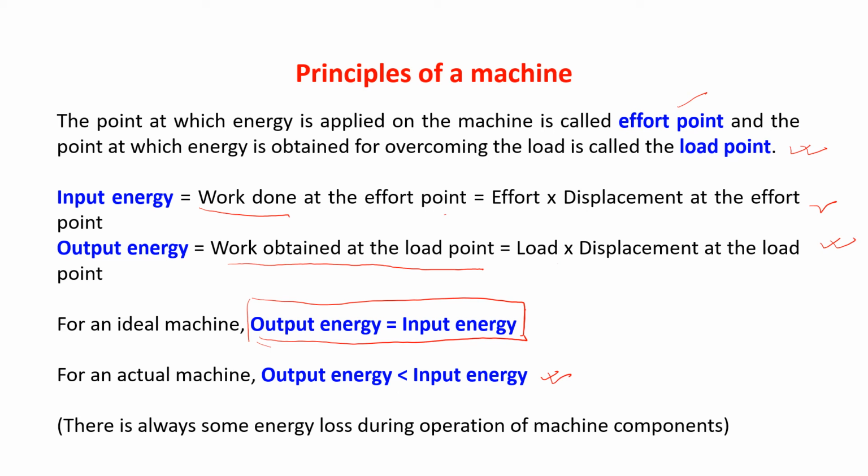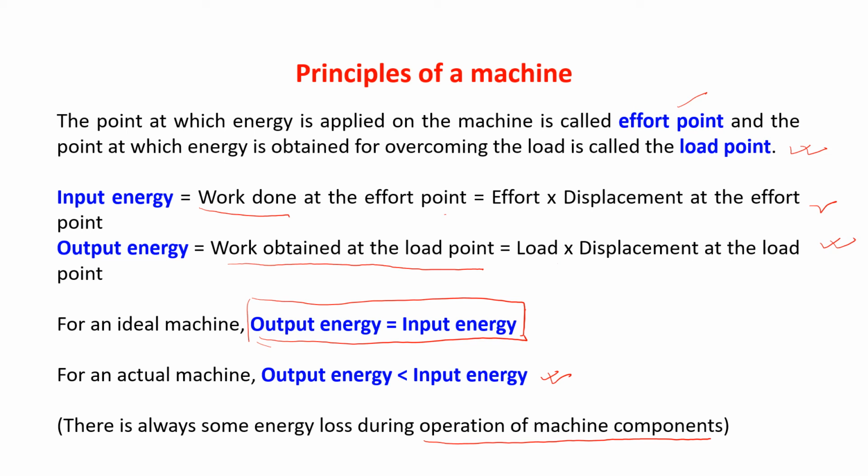It is always less. Why is it less? Because some energy is lost during operation of machine components because of the friction of the machines and all these things. Because heat is produced, the output energy is always a little less than the input energy.